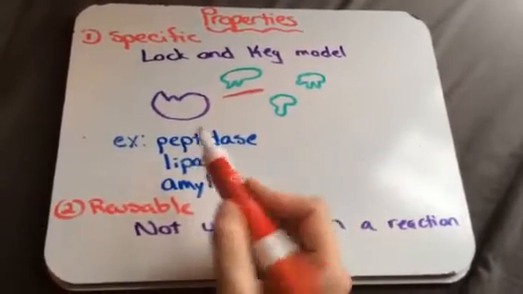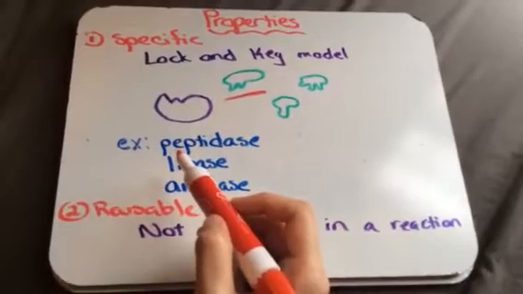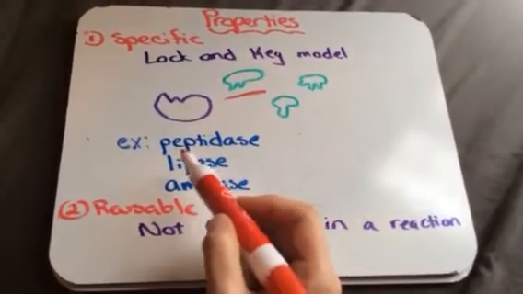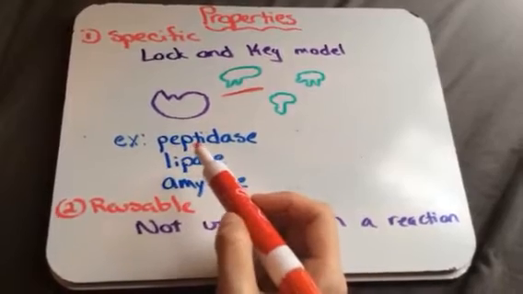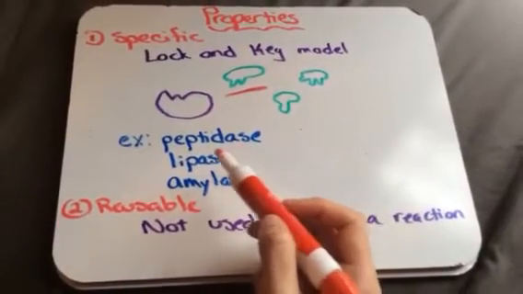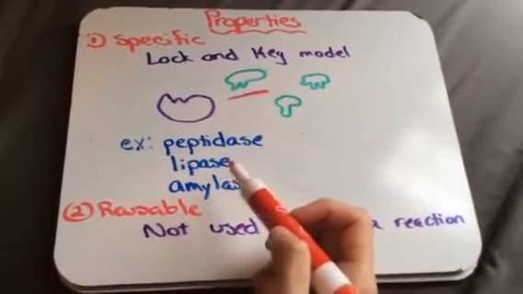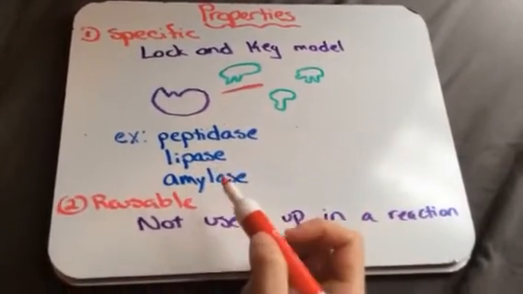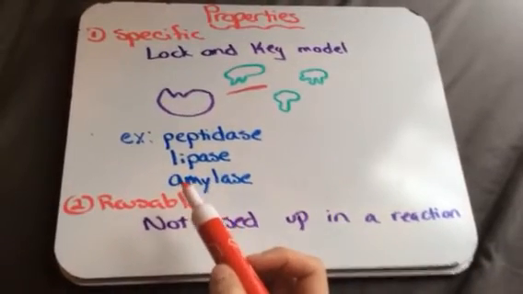Some examples of enzymes are peptidase. So you can gather some information from the name. Peptides, remember those are proteins that we looked at in the last video. So a peptidase enzyme is going to break down peptides. Lipase will break down lipids. Not all enzymes are easy to figure out what they will break down.